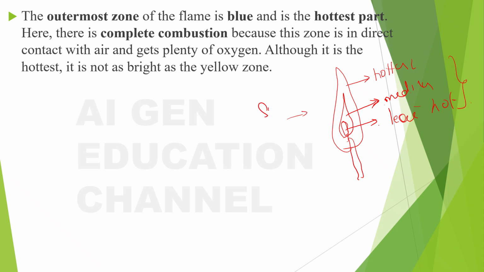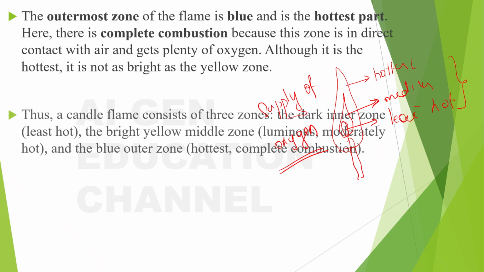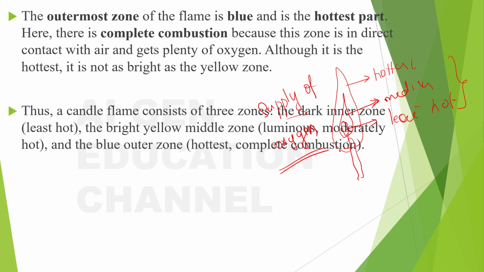It is because of the supply of oxygen. Now you can understand how important oxygen is in the process of combustion, right? Thus, a candle flame consists of three zones: the dark inner zone, the least hot; the bright yellow middle zone, luminous, moderately hot; and the blue outer zone, hottest, where complete combustion occurs.